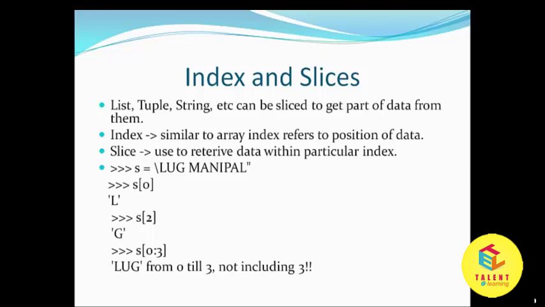Then we print s[0:3]. It prints from 0 till 3 but not including 3, so our output is lug.